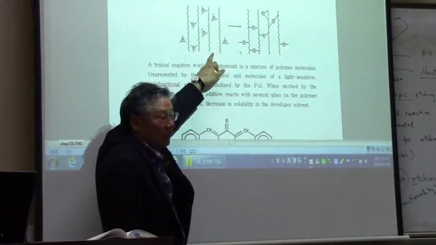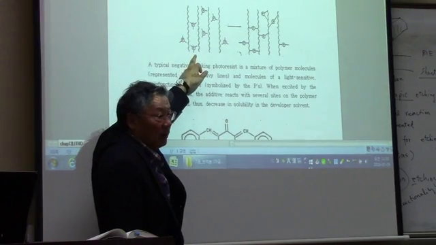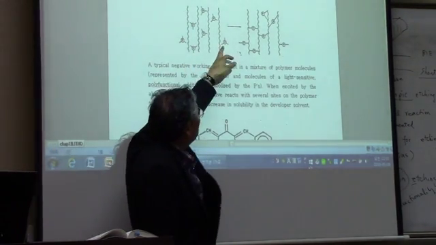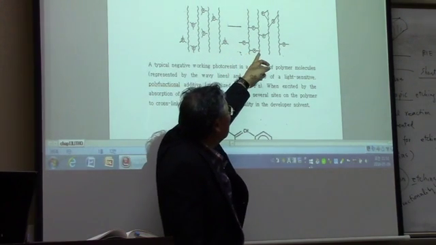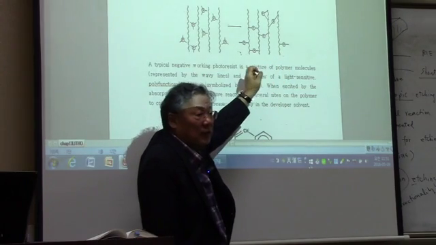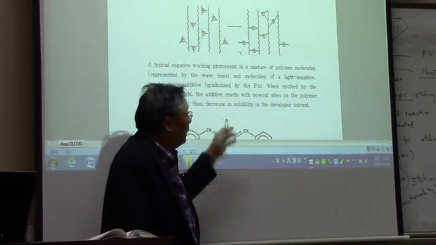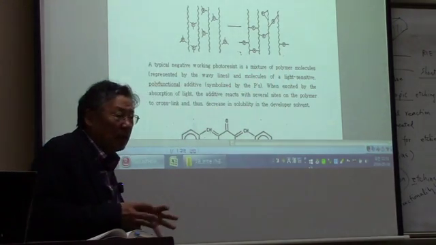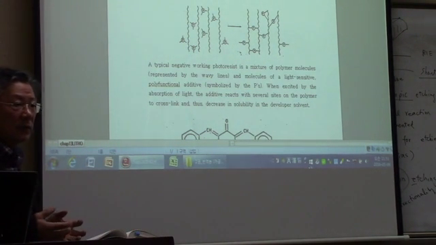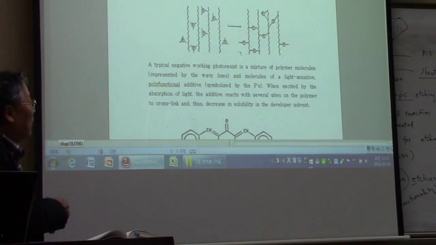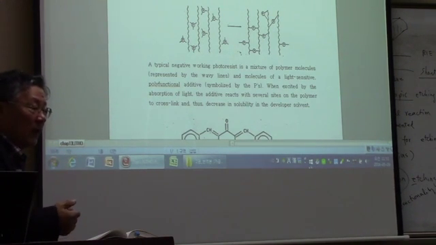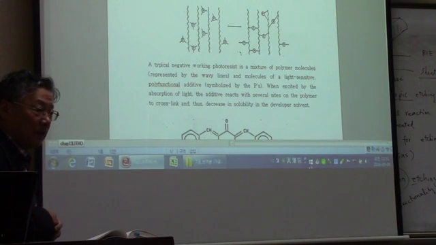Well, so this is a high molecular weight polymer with some promoters. It has been written as a P here. And then by shining light, this promoter will cross-link these high molecular chains so that they really become heavy molecules. So with a developer, it is not going to be dissolved.